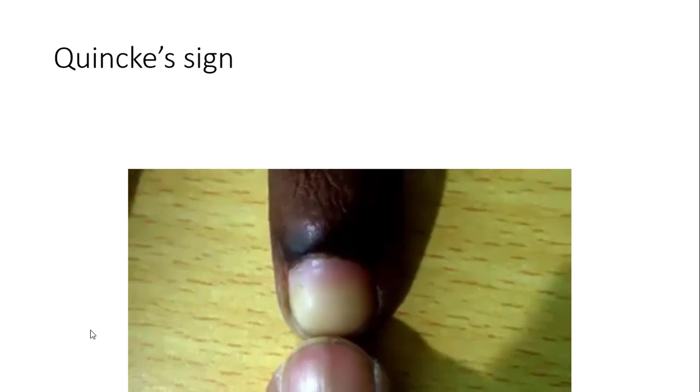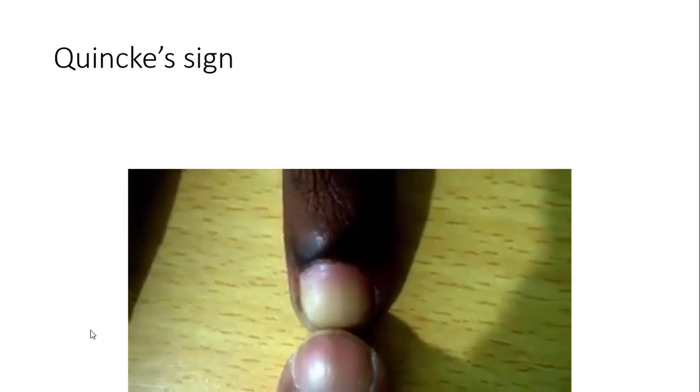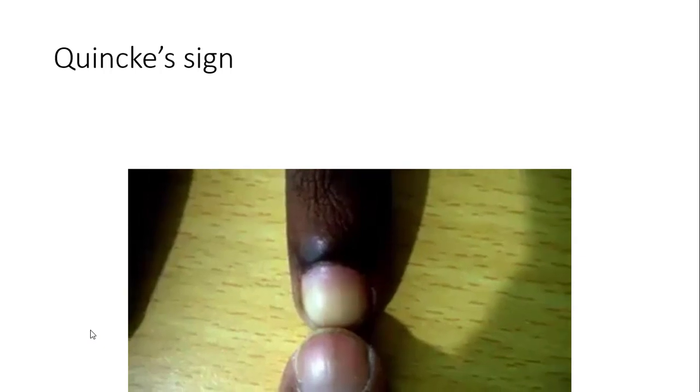Try to appreciate the reddening and blanching of the nail bed during systole. Hopefully you appreciated the reddening and blanching of the nail bed.